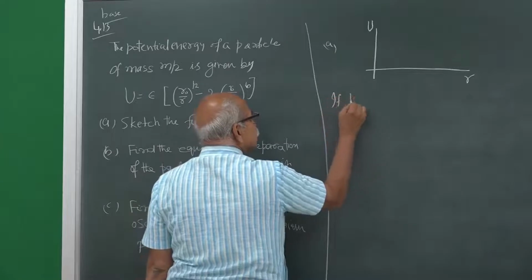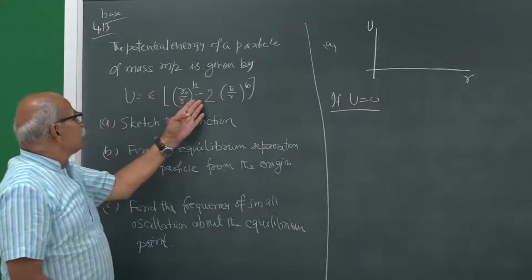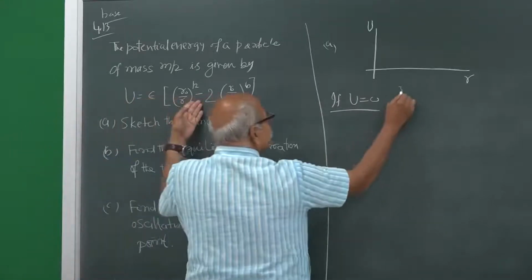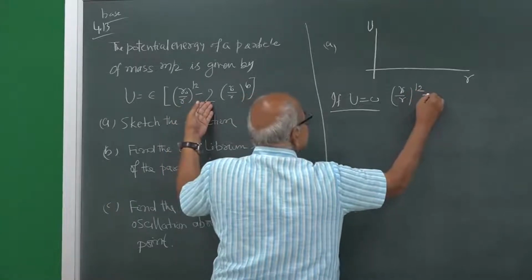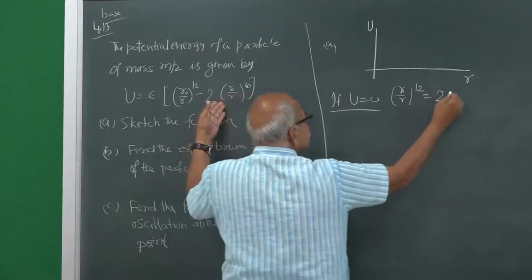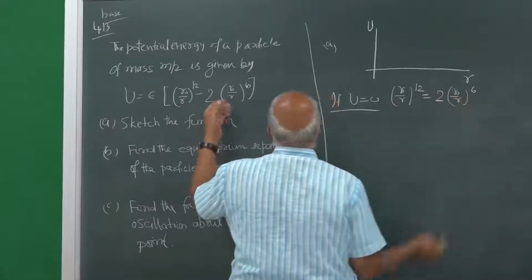If U is equal to 0, that means r naught by r to the power 12 is equal to 2 times r naught by r to the power 6.